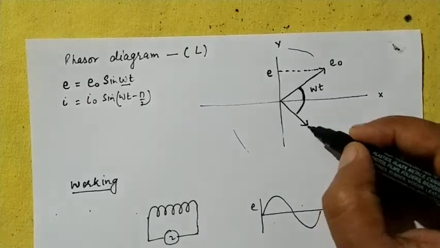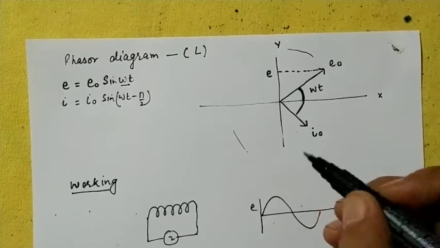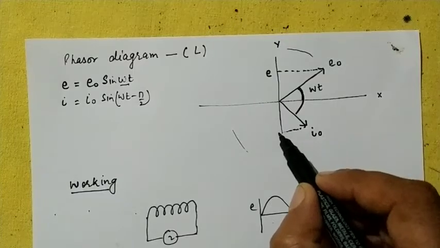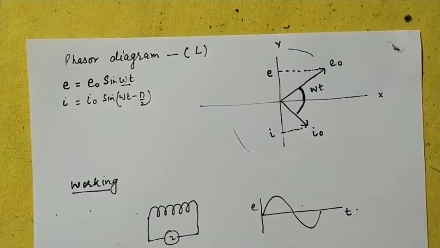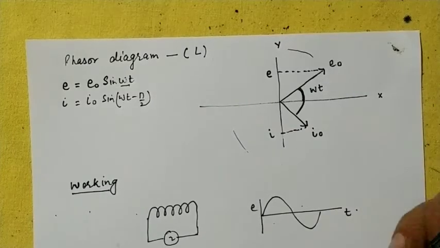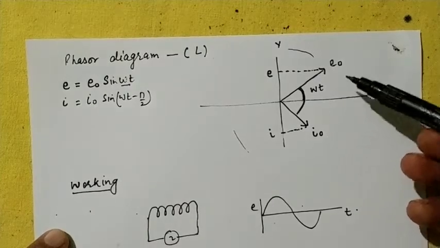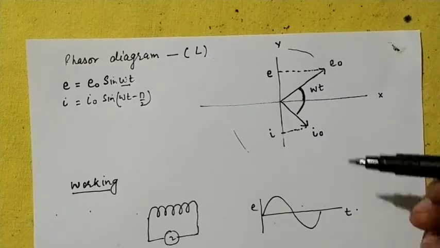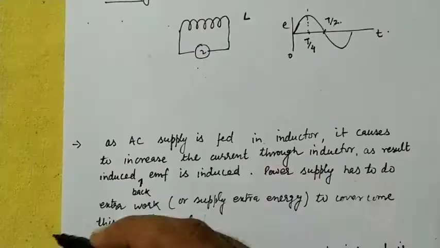The length of this arrow represents the peak value, and the projection on the y-axis represents its instantaneous value. So this is your phasor diagram. As time passes, the current and voltage arrows rotate, and they always have a phase difference of pi by 2.